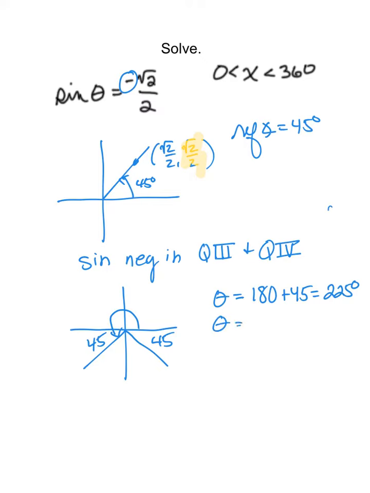And my second answer will be in the fourth quadrant at 360 minus 45 degrees, which is 315 degrees. So by doing this in this way, we really only need to consider the first quadrant and figure out our solutions from there.